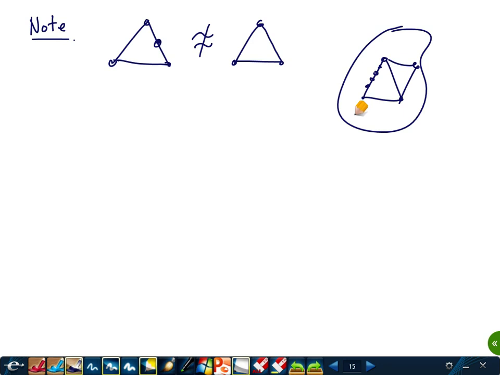So this is the definition to deal with situations like this. Let's say G is a graph. The definition I'm going to tell you is about the same shape, not isomorphic, but the same shape in some sense.